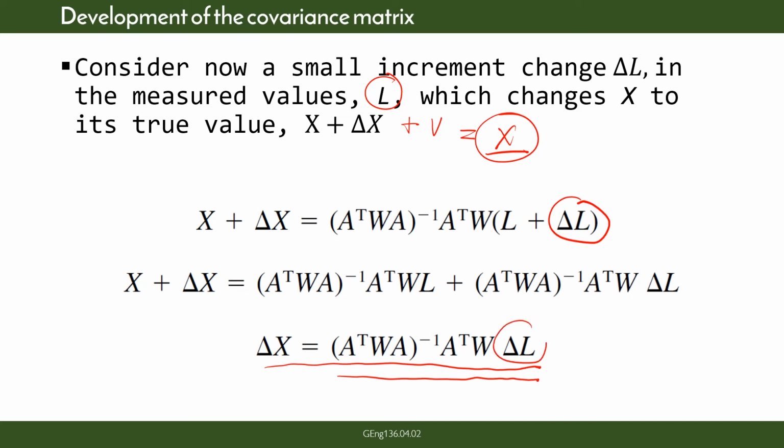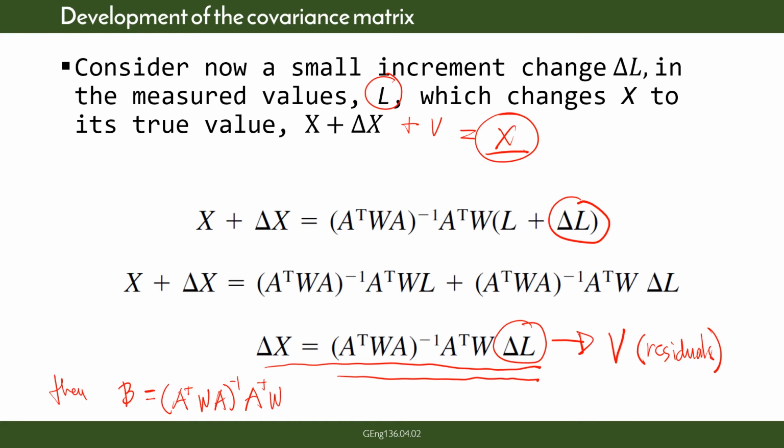Or this one can be converted into what we call the residual, okay? Then we rewrite delta X as BV, okay?